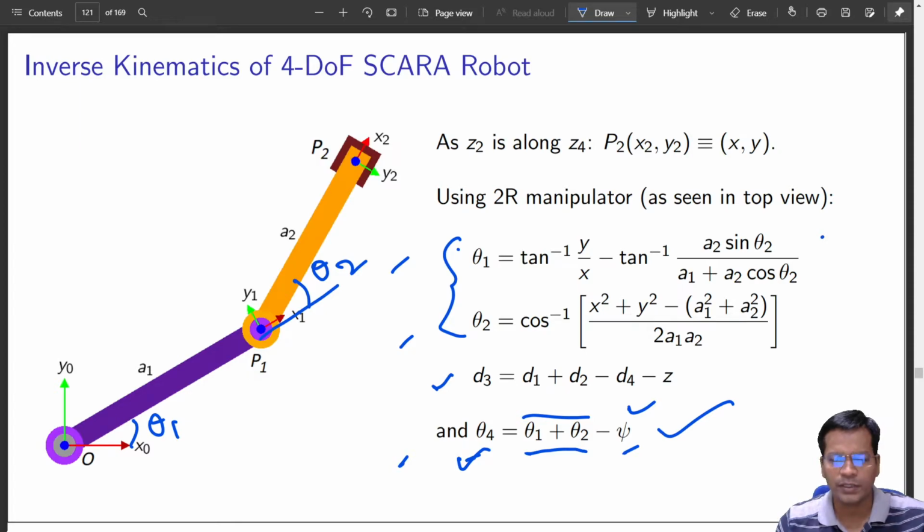This is a type of industrial robot which is very popular. It can do pick and place at a very high speed because it doesn't have roll and pitch. It is often known as selective compliance. It doesn't have compliance in two directions, roll and pitch; it cannot go in that direction.